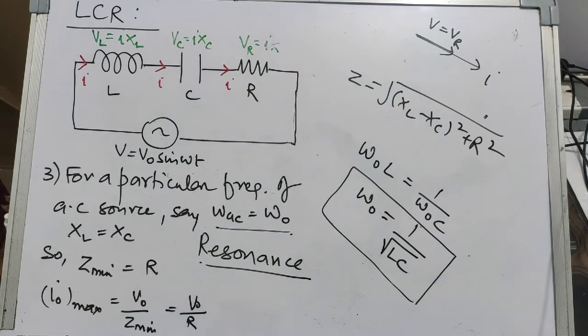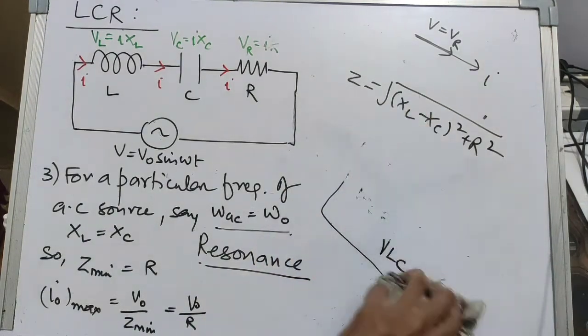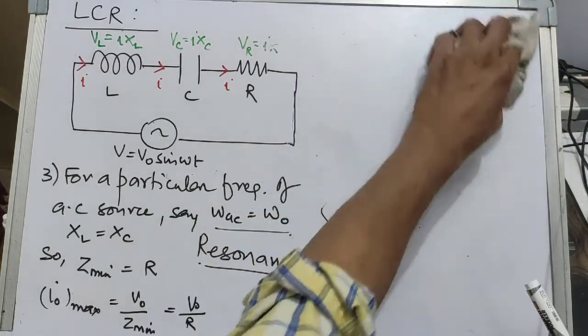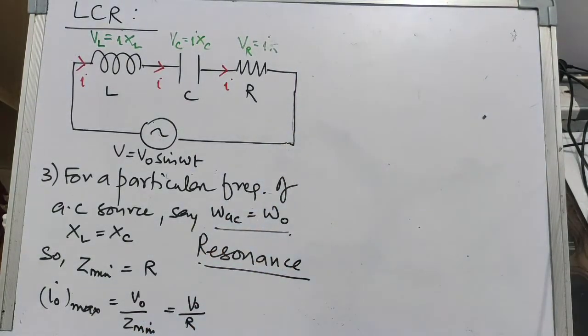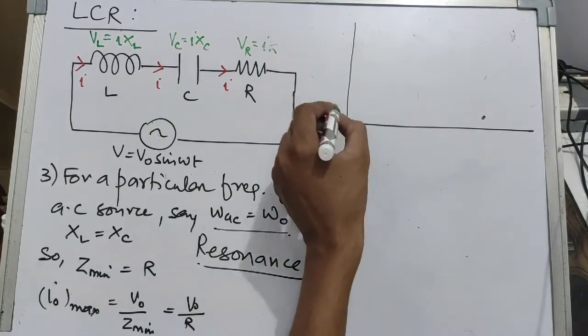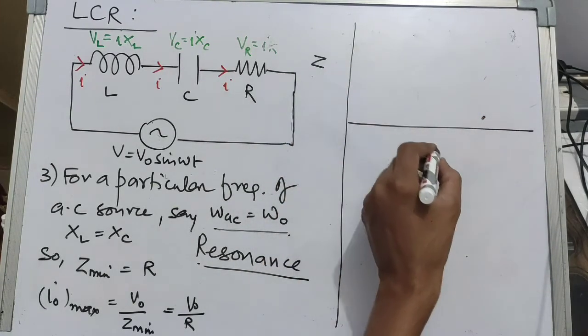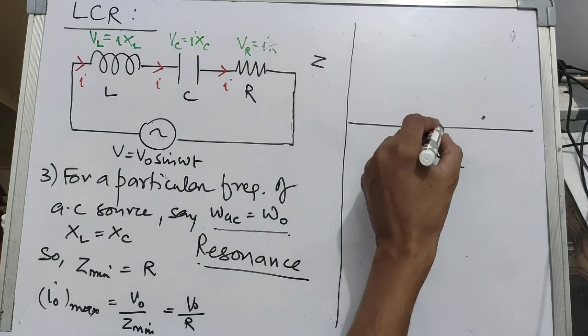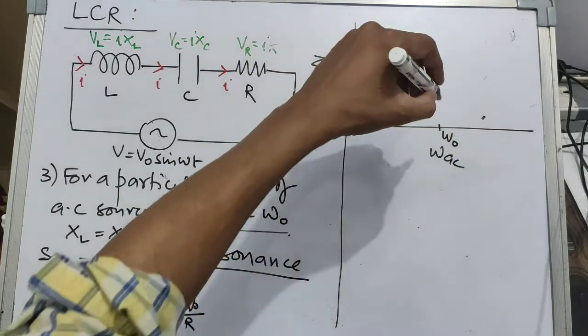and the voltage and current are in the same phase. If we draw the graph for this circuit, the graph between the impedance and the frequency of the AC source, say this is the resonant frequency.